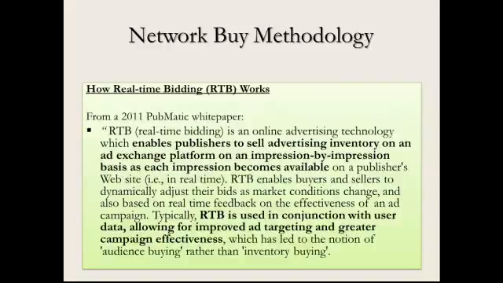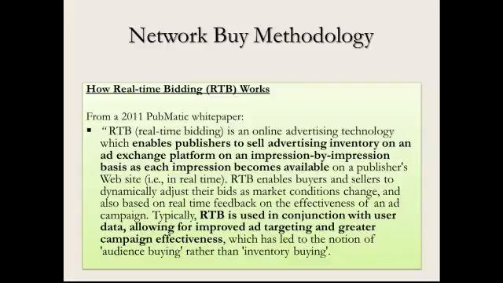So we took a section from a white paper that explains how real-time bidding works, and I'll read it here. So real-time bidding is an online advertising technology which enables publishers to sell advertising inventory on an ad exchange platform on an impression-by-impression basis as each impression becomes available on a publisher's website, such as real-time buying.